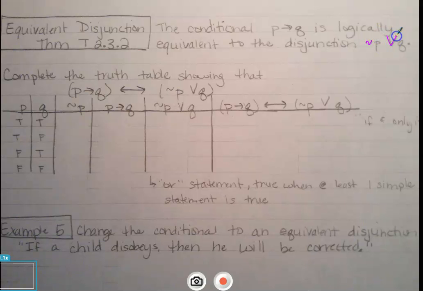And then what's the symbol? Go back in some notes if you need to. Or. Is that a disjunction? Wait, what was it called?